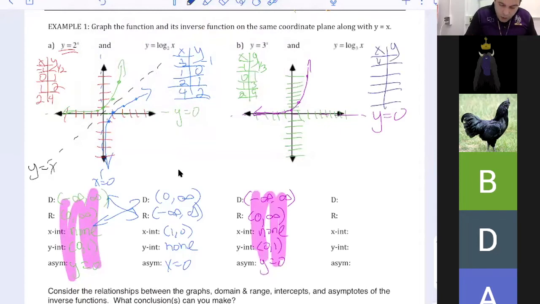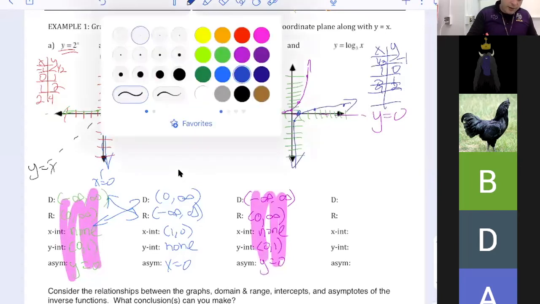So 1/3, negative 1. 1, 0. 3, 1, and 9, 2. And again, here's my line of symmetry.